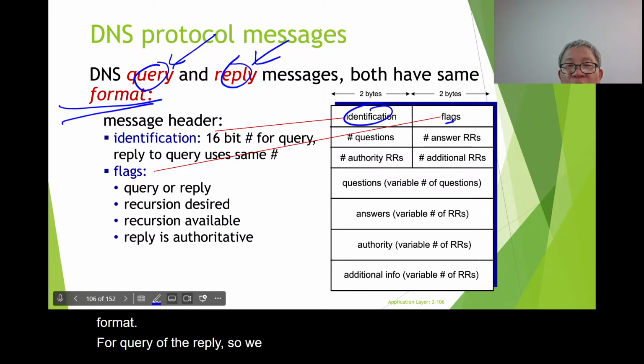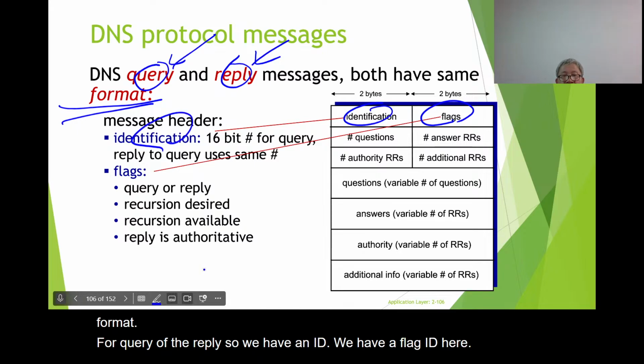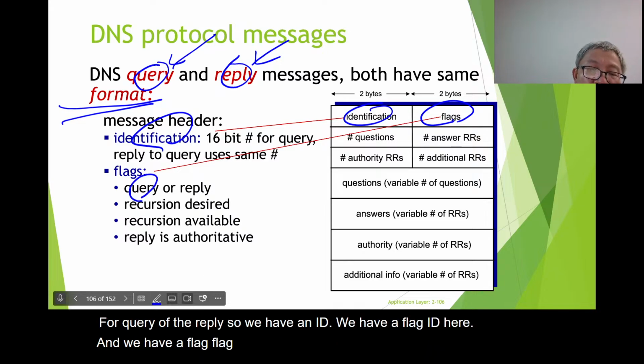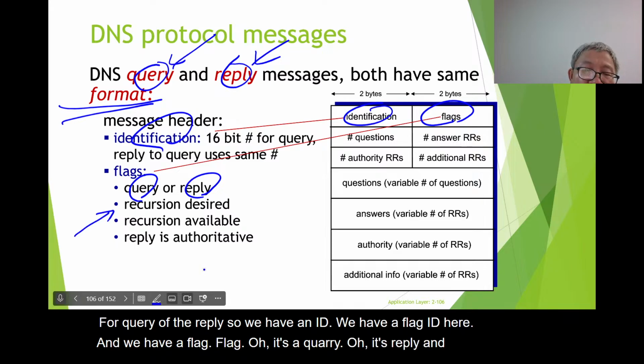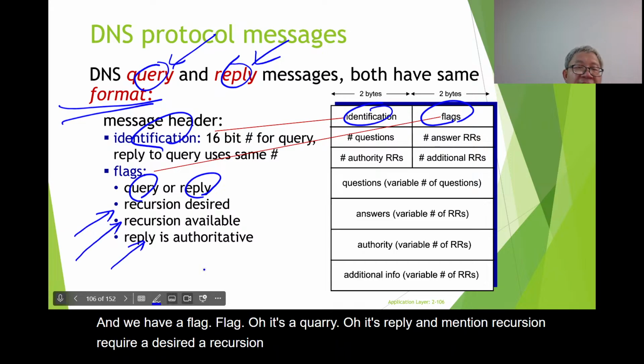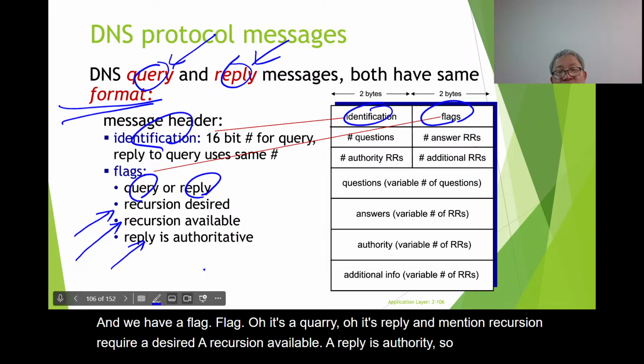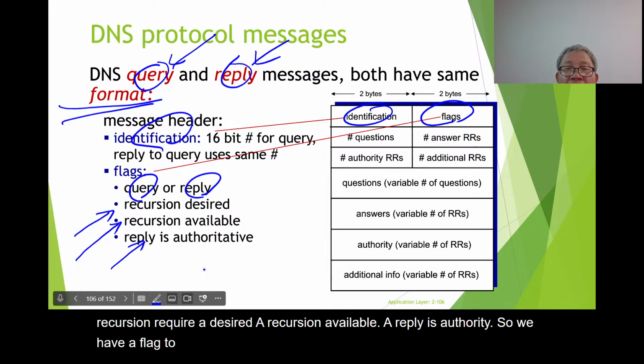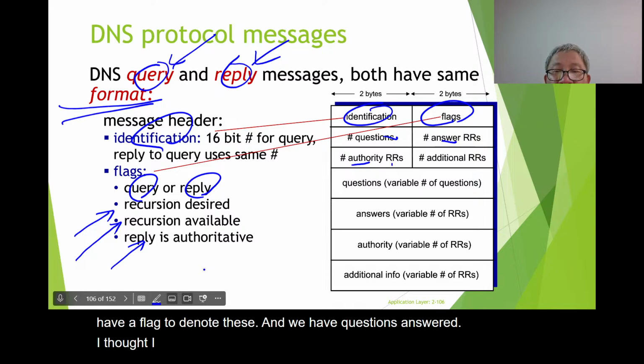We have an ID, and we have flags. The flags say whether it is a query or a reply, and mention recursion desired, recursion available, or reply is authoritative. And we have questions, answers, authority RRs, and additional RRs, etc.